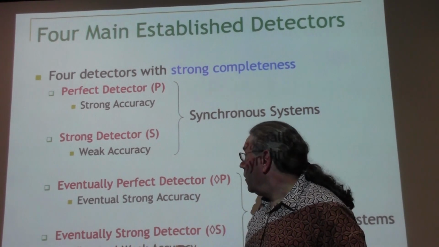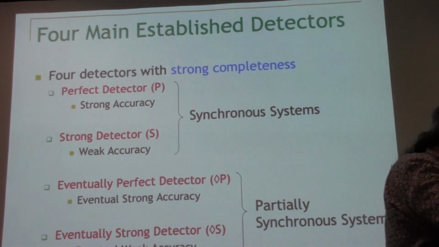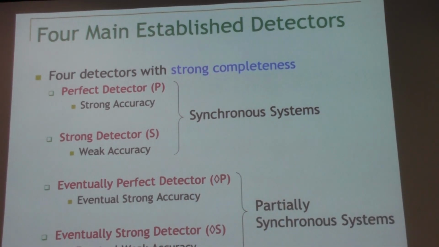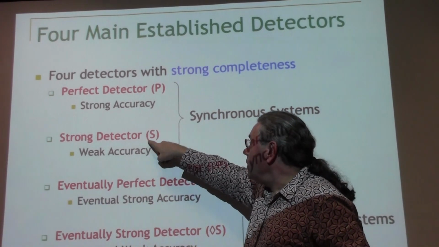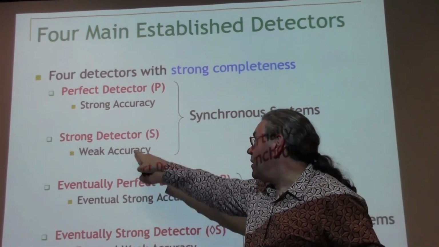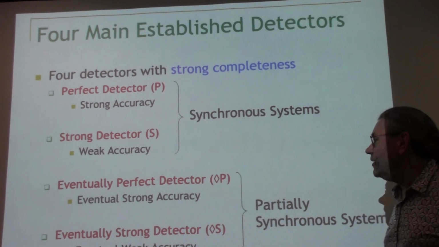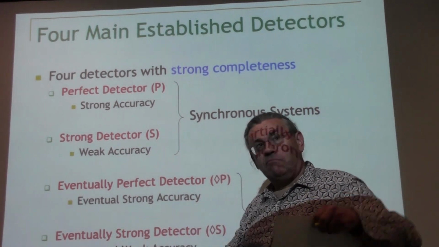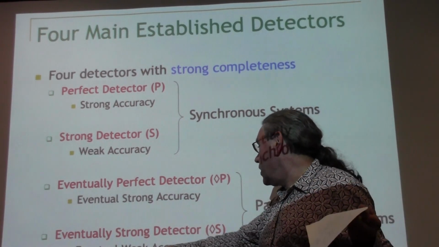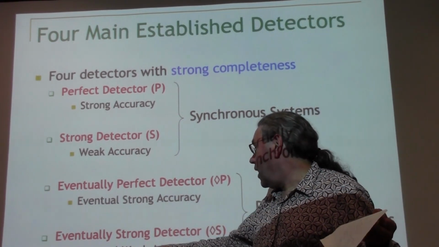Weak accuracy means that there's one privileged node. So the strong detector is only strong with respect to one node, actually. And eventually strong starts out being anything, and eventually, after some time, it's weakly accurate.